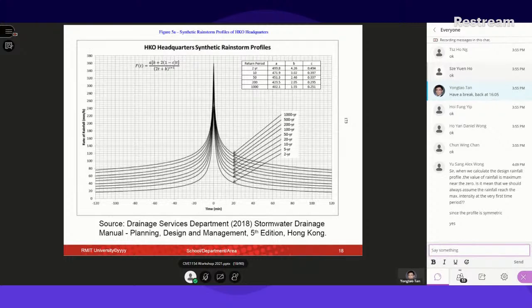Yes, this is symmetric. It is assumed that this intensity is symmetric.